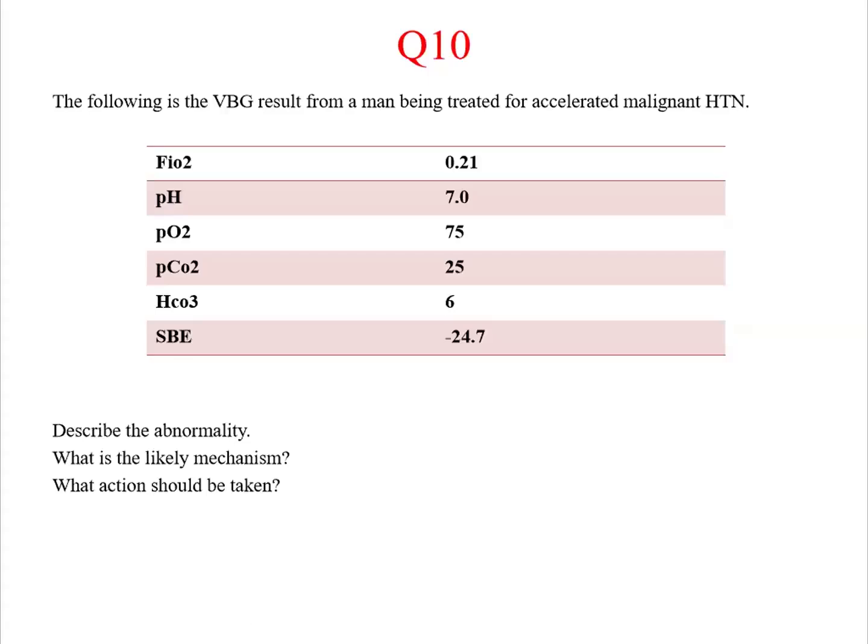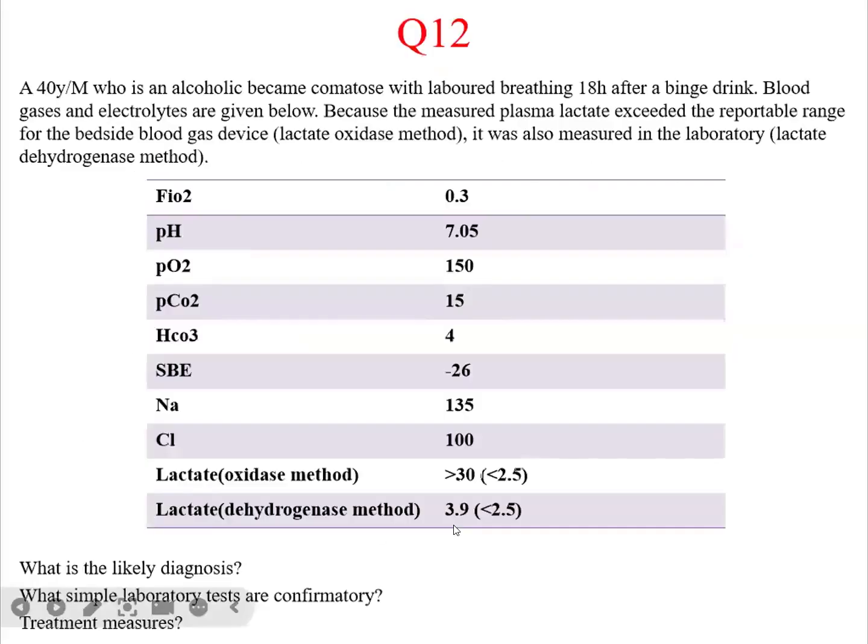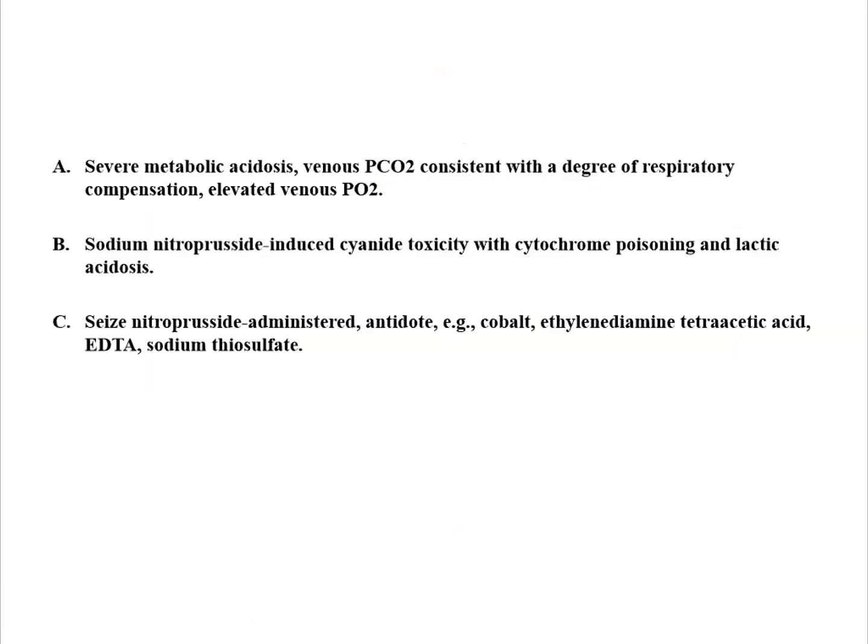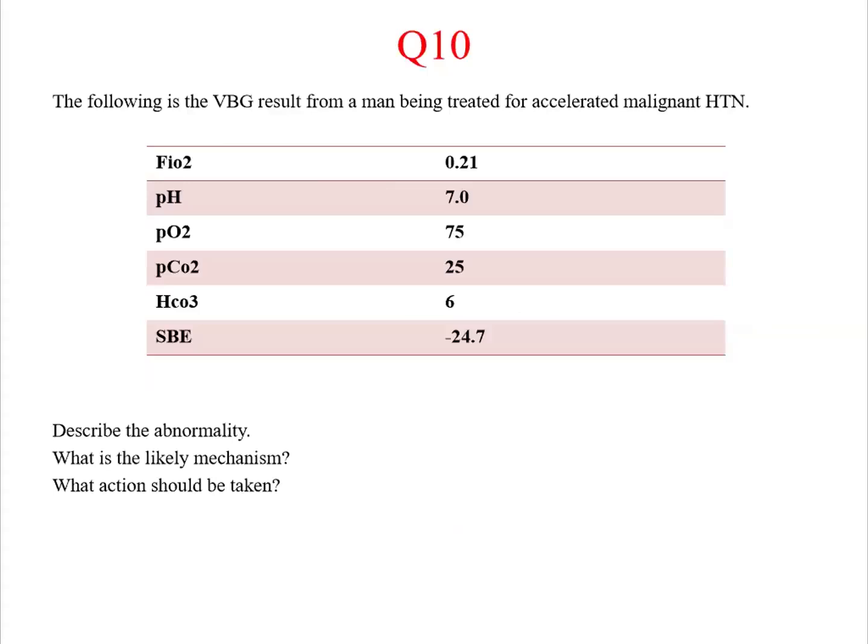The abnormality that you're seeing in this case is severe metabolic acidosis. That's it. Your venous PO2 is elevated, it is 75. It is like an ABG value of 75.